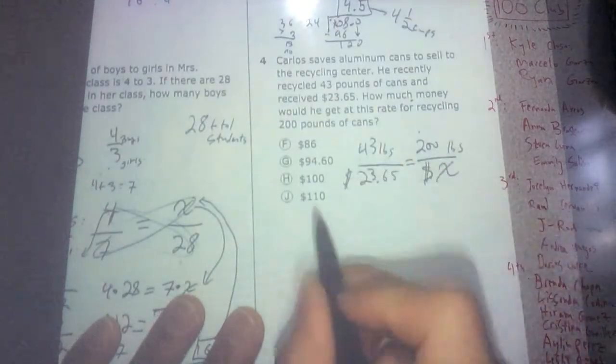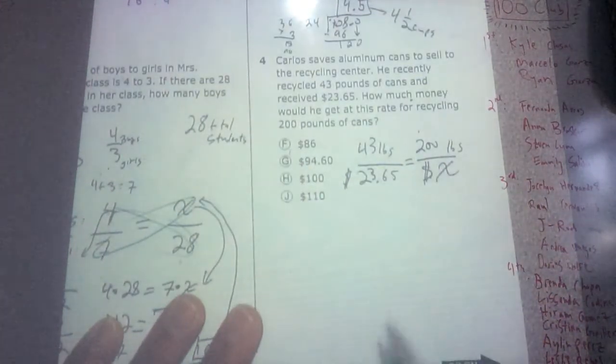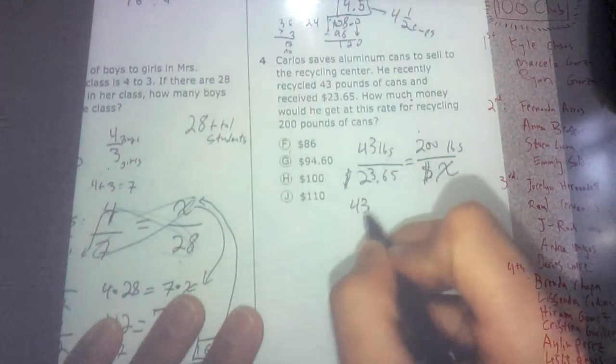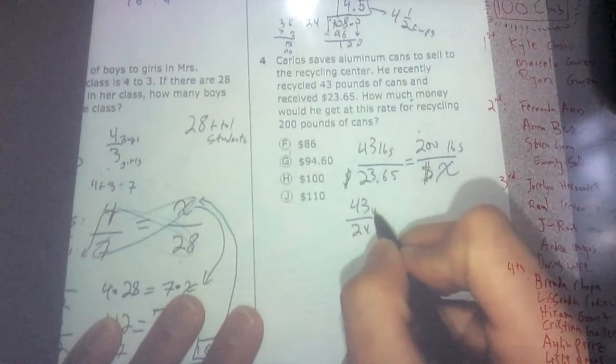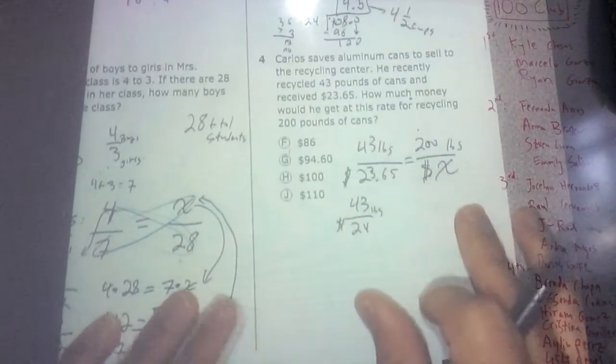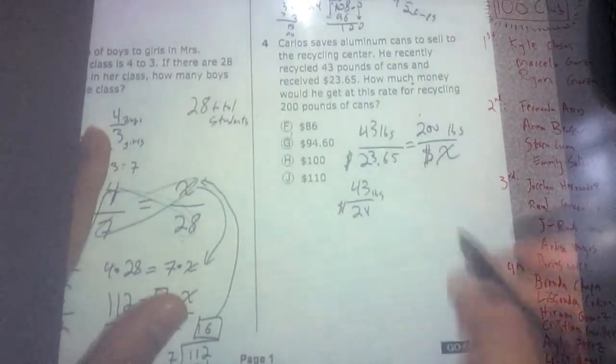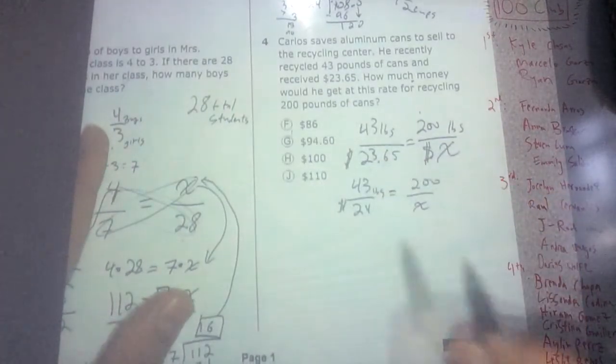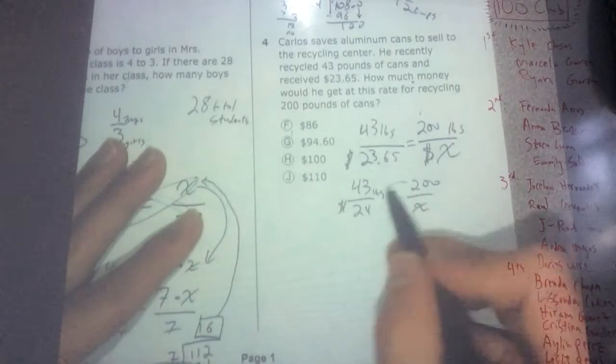Now, because these answers are fairly far apart, I know that I can round one of these answers. I can make it 43 over 24. 43 over 24 is equal to x over 200. My answer is going to be an approximation, an estimate, but I think it's still going to give me the right answer.